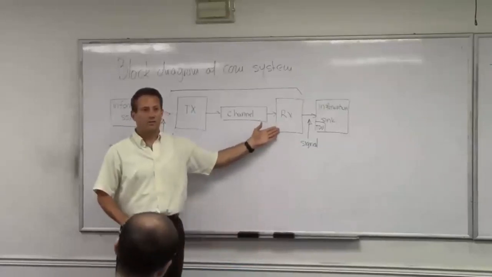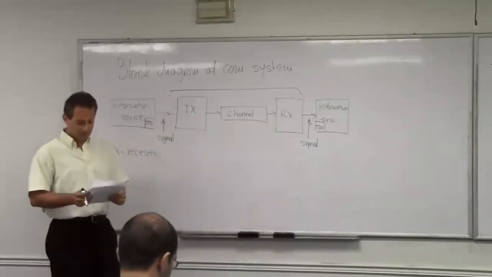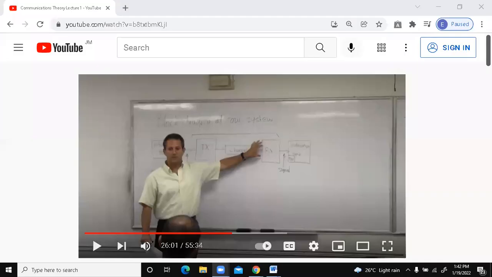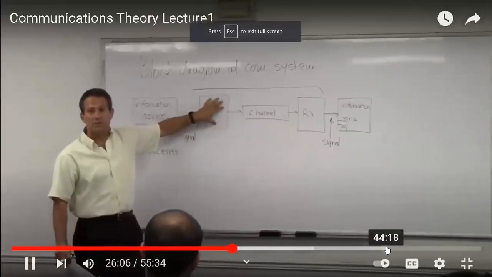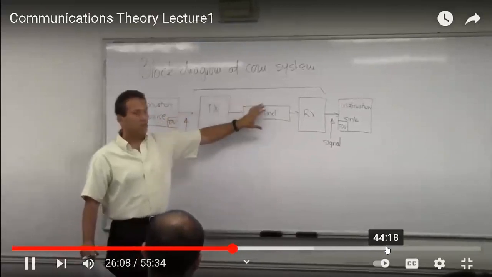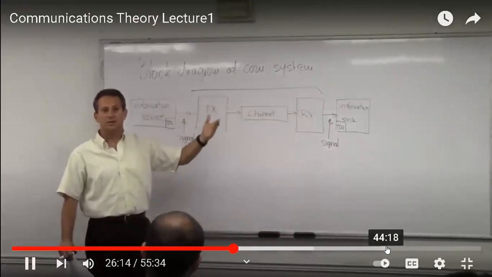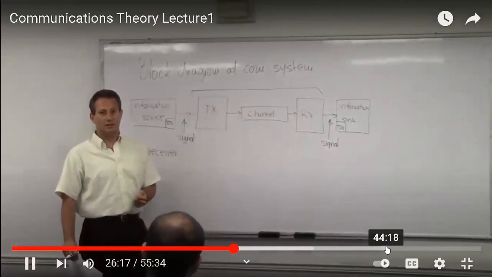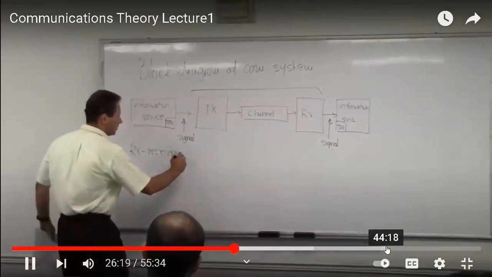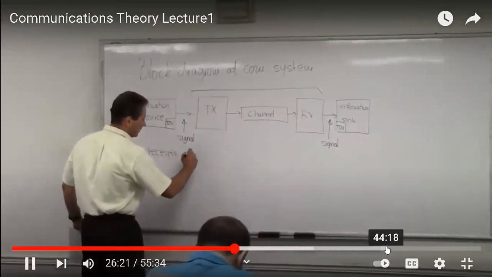It needs to look at what it has received and try to recover what was sent. Some parts of the transmitter design are actually guided by what the receiver needs to do. So the transmitter does a lot of processing so that the receiver has an easier task at the other end of the communication.